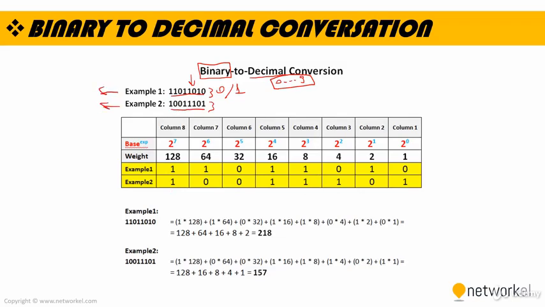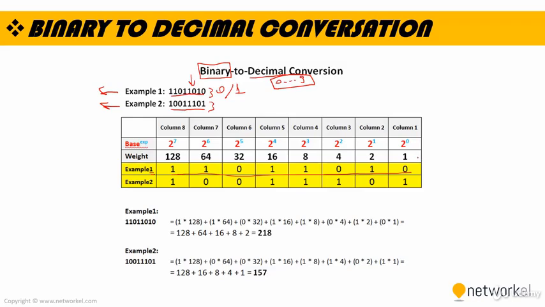If I want to convert this binary value to decimal, what I'm doing is I'm writing 2 to the power 0, 2 to the power 1, 2 to the power 2, 2 to the power 3, 4, 5, 6, and 7. And I'm calculating these numbers: 2 to the power 7 is 128, 64, 32, 16, 8, 4, 2, and 1.